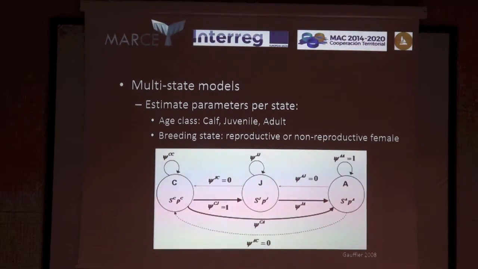And then from those models, you can have multi-state models, where a state can be the age class, for example, or can be a reproduction status of the animals. So here's an example of just having calf, juveniles, and adults, where you can have transition from calf to juvenile or juvenile to adult.